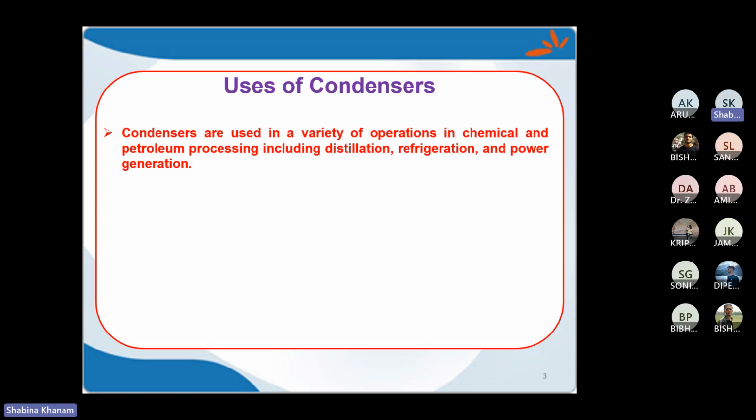When we consider these applications one by one, let's focus on distillation. At the top of the distillation column we have one heat exchanger, which is the condenser. The condenser converts the vapor exiting from the top into liquid, because in a distillation column we need vapor and liquid interaction.